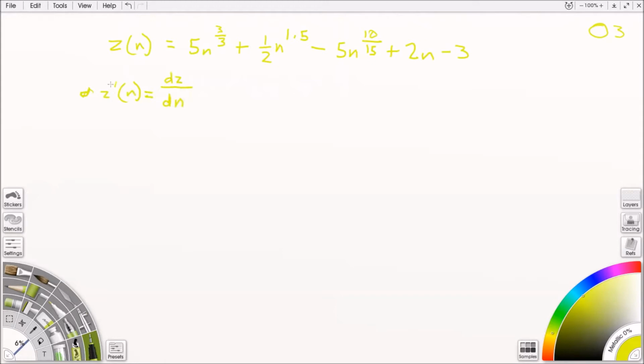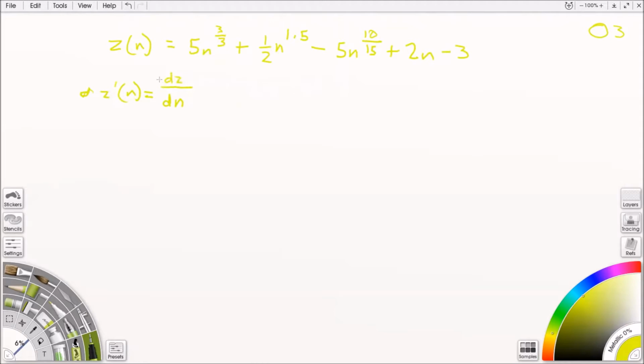Your dependent variable goes up the top, and your independent variable, the one that changes in the function, goes on the bottom. As n changes, we're going to get a change in z. n is independent from z, whereas z is dependent on how n changes. So that's why they're called that.